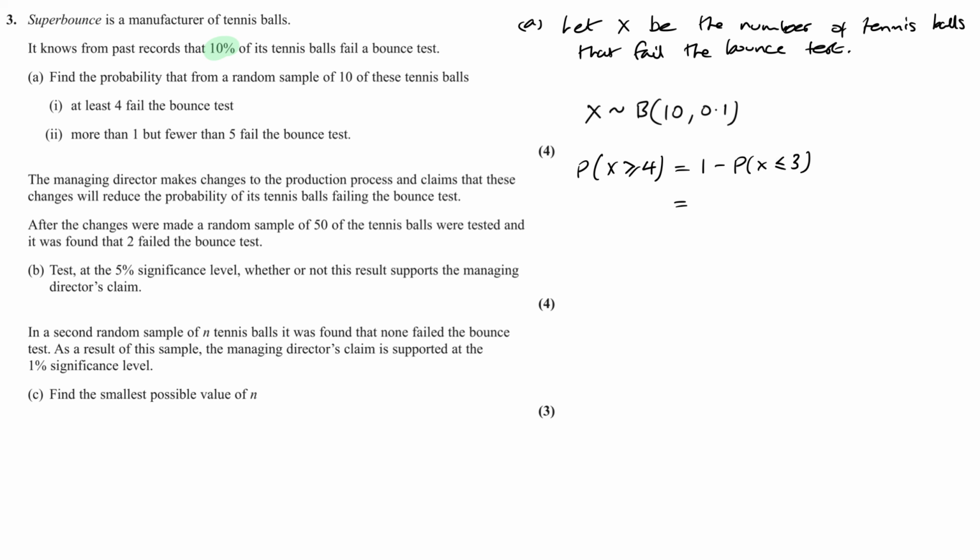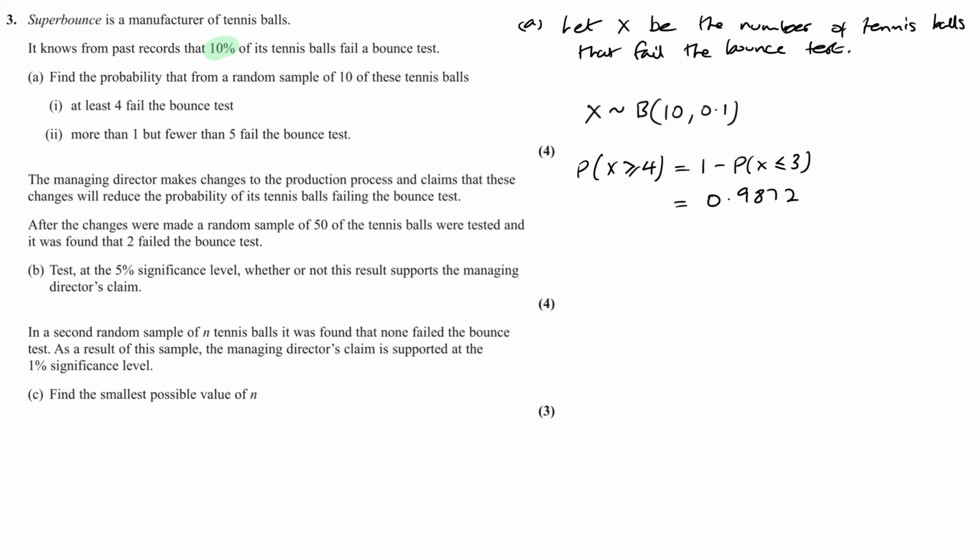Then going into your calculator, you want to go to your menu, distribution function, scroll down, and you've got your binomial CD, and then click on variable. Then x is 3, n is 10, and p is 0.1. It's quite high, 0.9872.